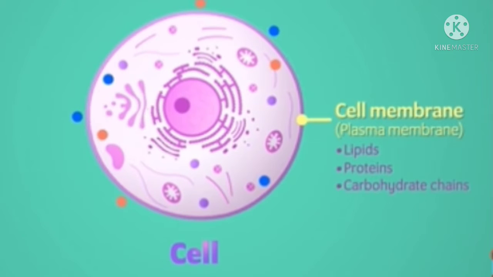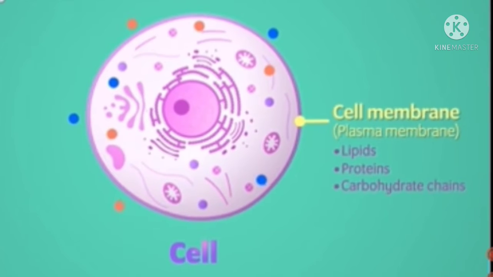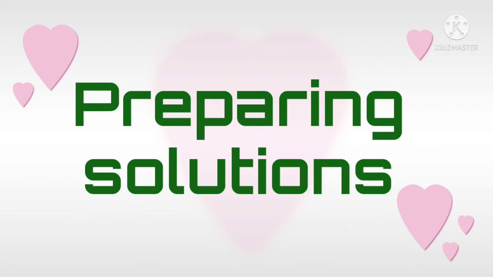It is very interesting to know how substances pass through the cell. To understand the entry or exit of substances through the cell, let us do the following activities. For doing these activities, we have to prepare different solutions.